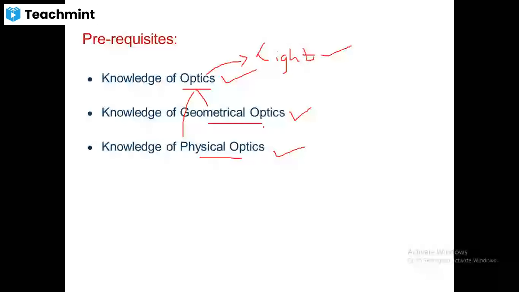Geometrical optics deals with the properties of light in terms of the ray nature, or the rectilinear propagation of light. In other words, in geometrical optics, we discuss topics like Fermat's principle, reflection at plane surface, reflection at curved surface, refraction, Snell's law.